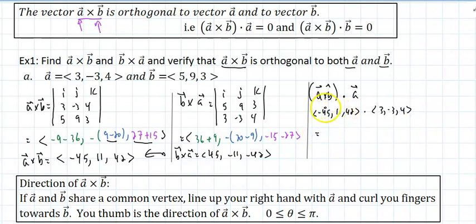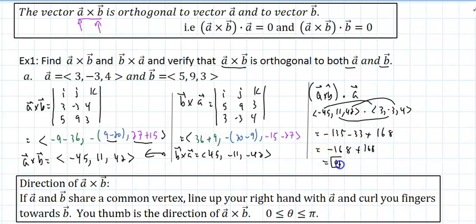That would be a scalar. That's negative 135 minus 33 plus 168, so that is negative 168 plus 168, which is 0.